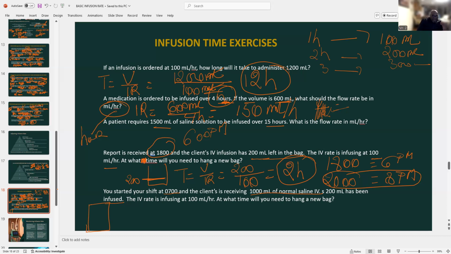So if here it's a 1000 milliliter bag and only 200 has been infused, only 200 has gone through your patient's IV, what is the remaining balance? Just think about this. If you have a bottle of water, which is 500 milliliter, and for some reason you drank only 200 milliliter, how many remain in your bottle?